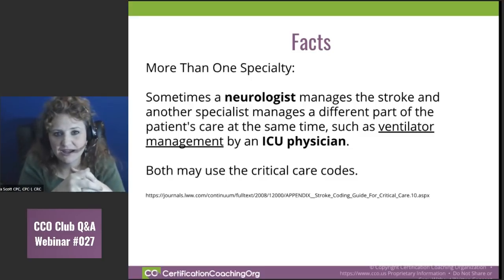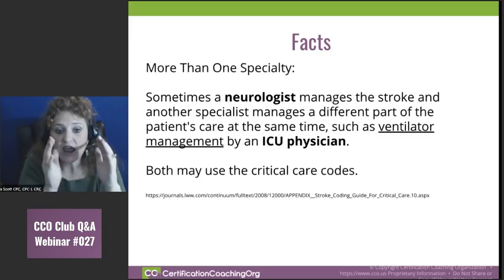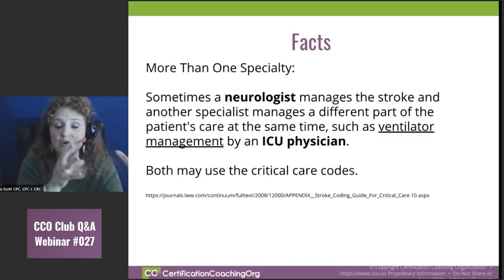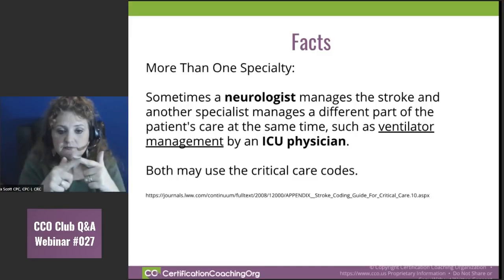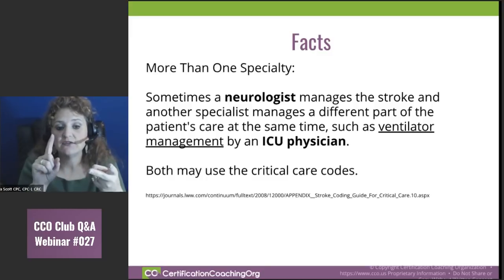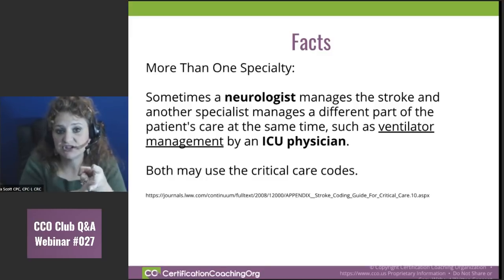No, not necessarily. And they're not giving a consult, right? They are actually managing the components of care for that patient for the stroke, everything that involves the brain, the nerves as well. So you have a neurologist, and then you have the ICU physician.